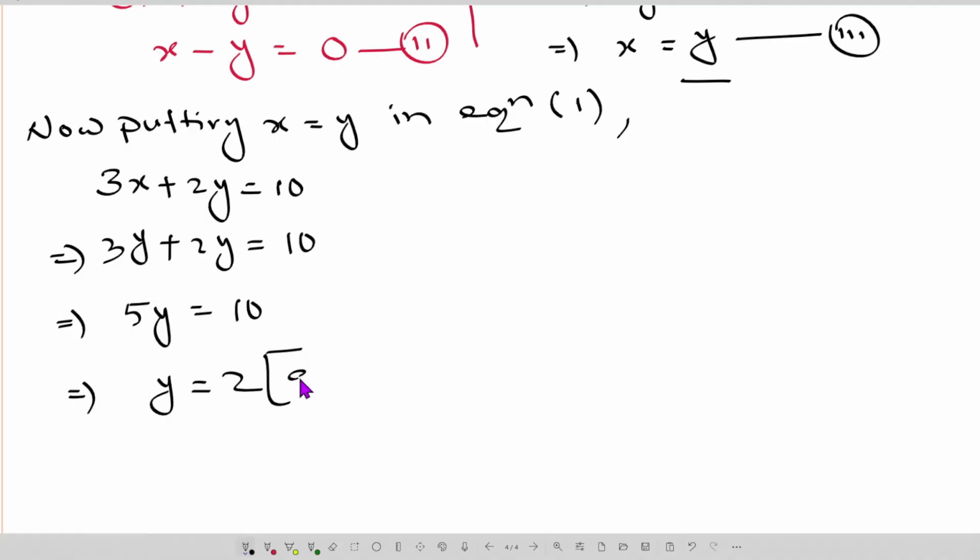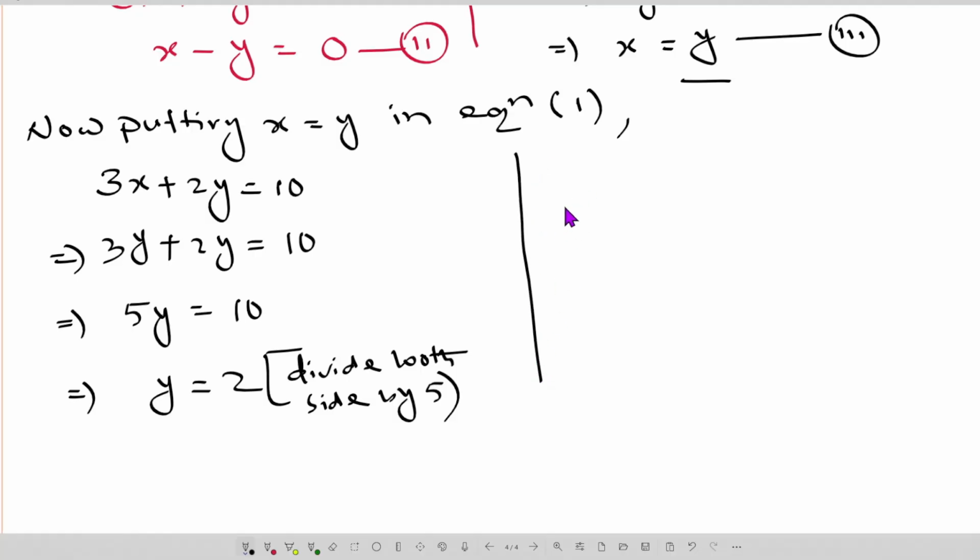Okay, so y equals 2. Putting y equals 2 in equation 3.